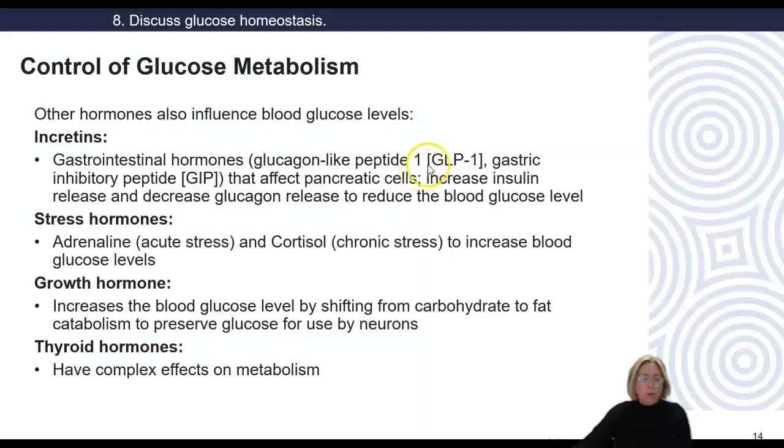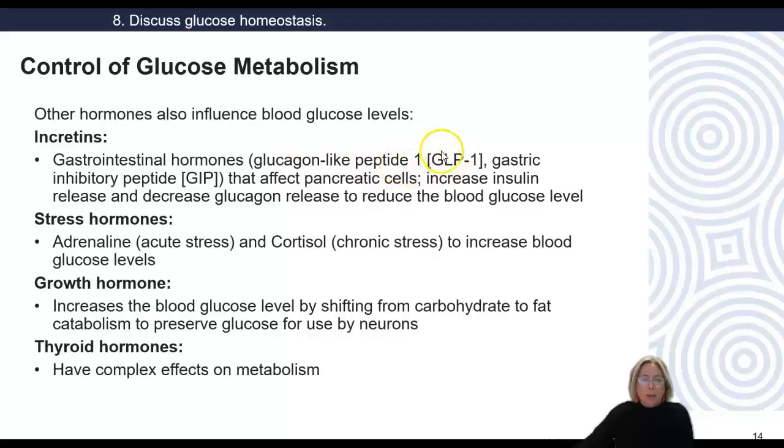Glucagon-like peptide 1 or GLP-1 is an example, as is gastric inhibitory peptide or GIP. And these both affect pancreatic cells. So they increase insulin release and decrease glucagon release to reduce the blood glucose levels. So these incretins are released when blood glucose levels are high, so after a meal.